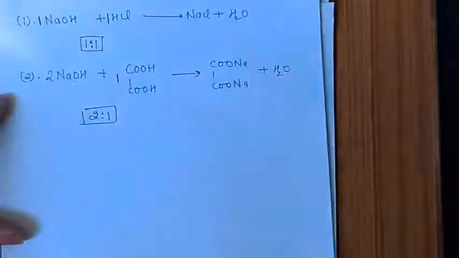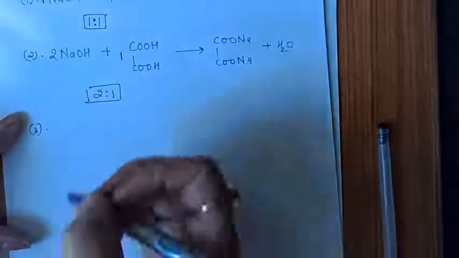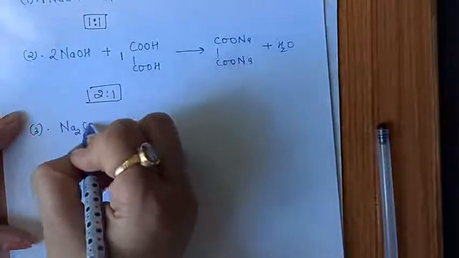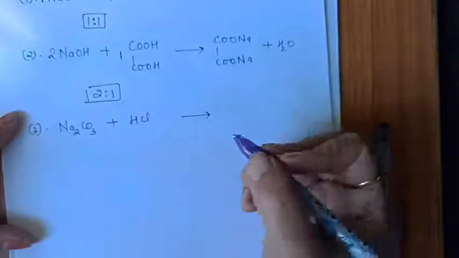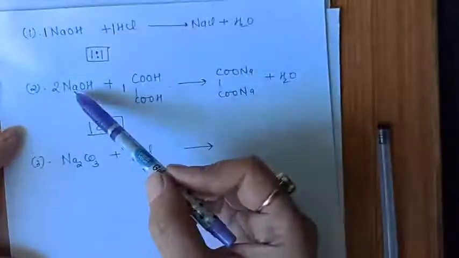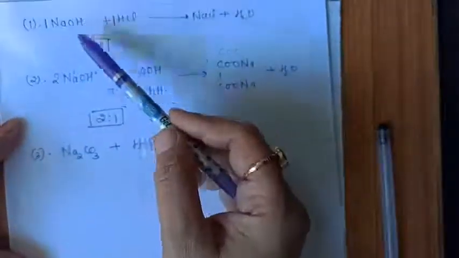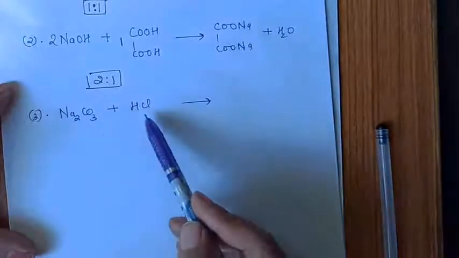Okay. Then third probability of solutions you may choose is Na2CO3 plus HCl. So earlier in the titration you used NaOH with HCl, NaOH with oxalic acid. So base was same, acid changed. Now your base is sodium carbonate, acid is HCl.